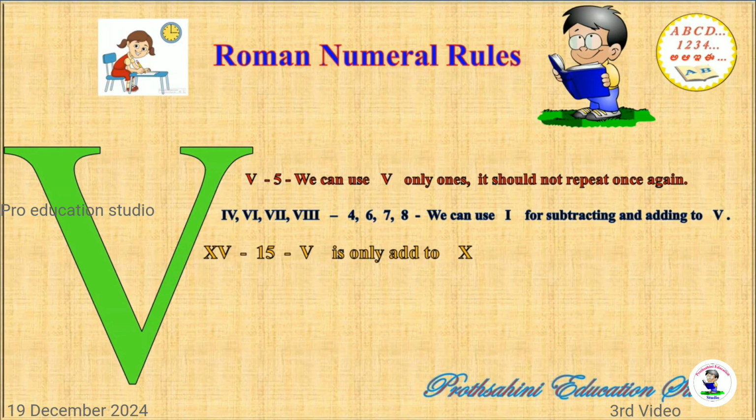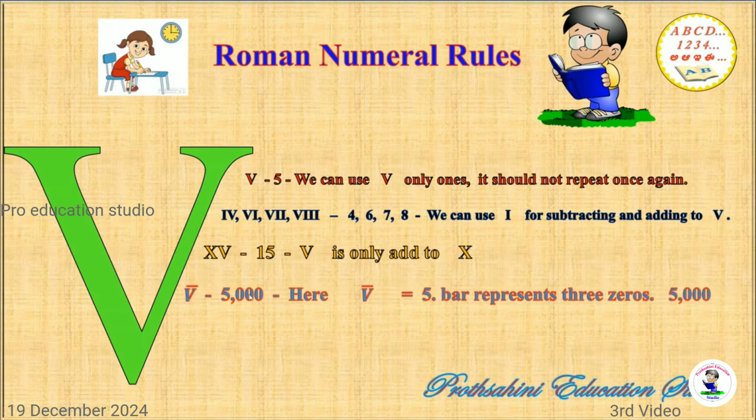X means 10. V means 5. Now we add both numbers. X plus 5 is equal to 15. So now it became 15. V is only added to X. Now we will go on to the next.